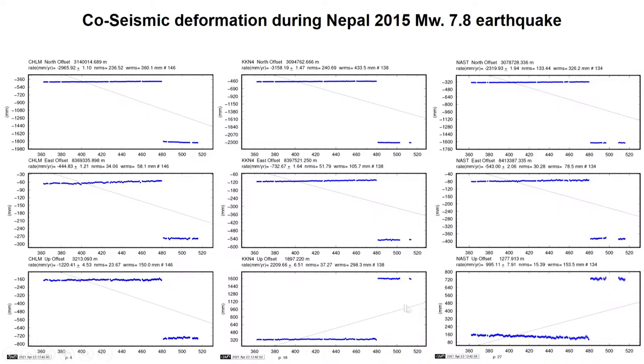We can mainly see this in the vertical deformation. In the vertical component, these two sides have gone up and this one side has gone down, meaning this one side has subsided and these two sides have been uplifted. But the relative horizontal movement was all in the down direction only, either in the south direction or in the west direction.